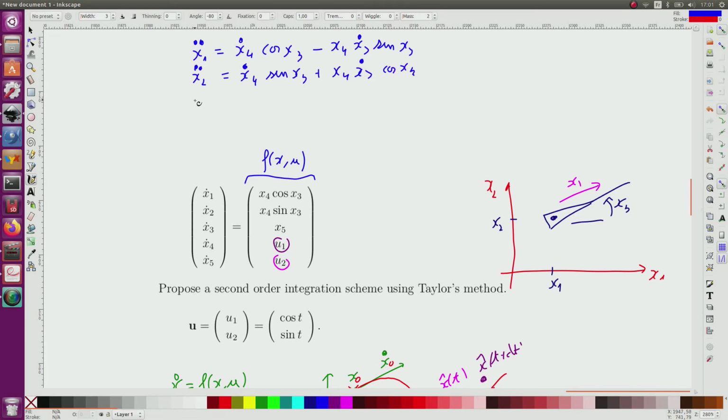I need also the second derivative for x3, and it is equal to x dot 5. x dot dot 4 is equal to u dot 1 and x dot dot 5 is equal to u dot 2.